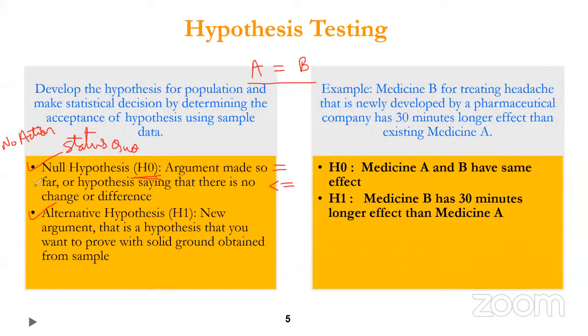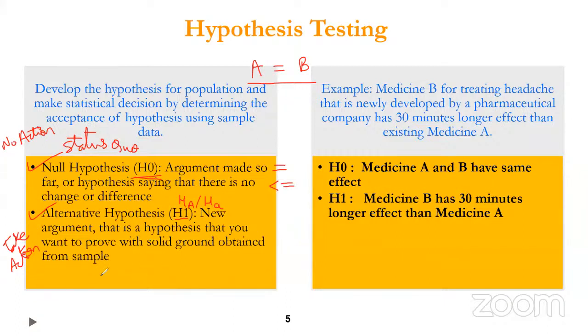Negation of your null hypothesis is alternate hypothesis, which is denoted by H1 or denoted by H capital A, or it is denoted as H small a. Here it says take action. Argument, new argument, that is the hypothesis that you want to prove with solid ground obtained from the sample.